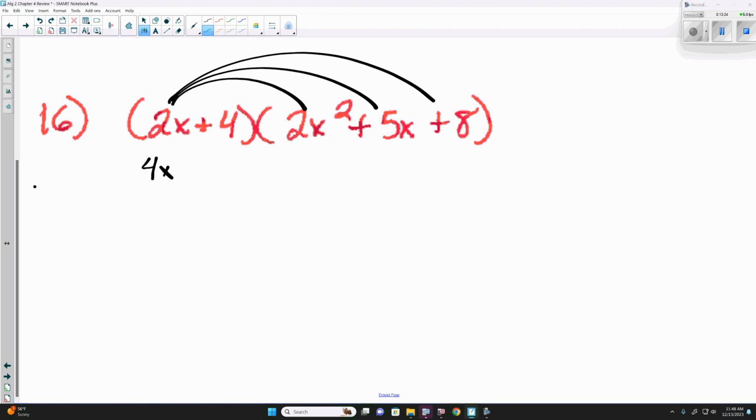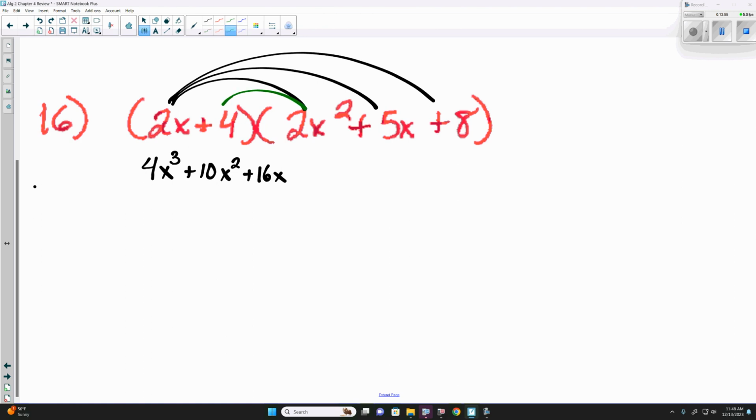X times x squared is x to the third, because when we multiply like bases, we add the exponents. 2x times 5x, our 2 times 5 gives us positive 10. Our x times x gives us x squared. And lastly, 2x times 8, our 2 times 8 gives us plus 16. And we still have our x.